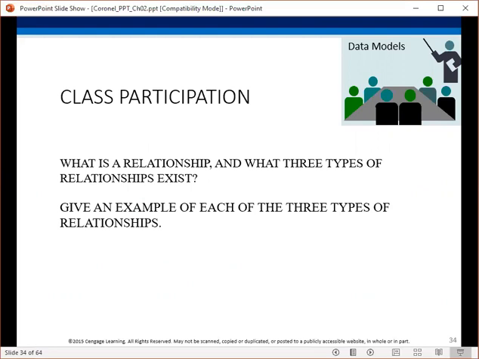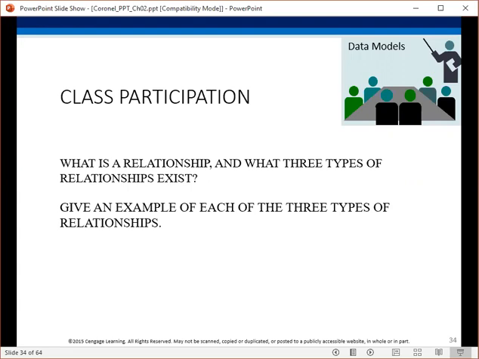So another class participation question. What is a relationship, and what three types of relationship exist, and give an example of each one? Okay, I think you guys nailed that. Let's just go over it. A relationship is an association between two entities.